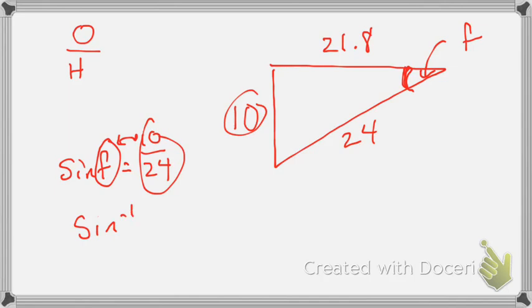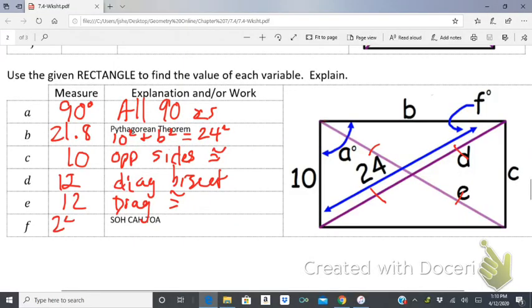So inverse sine of 10 over 24, and that's going to be equal to something. Now, your calculator will do that for you. On my calculator, I am hitting the second button, and then the sine button, and then putting in 10 divided by 24 and closing my parentheses, and when I do that, I get 24.6. So that tells me that my angle is going to be 24.6.